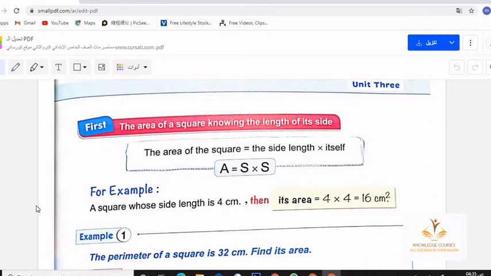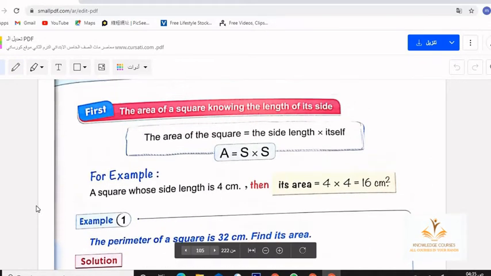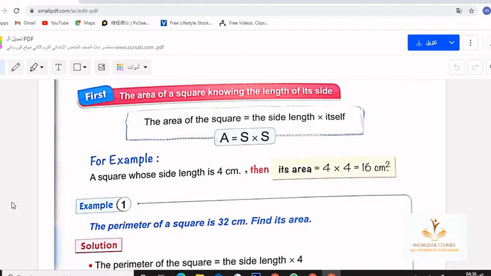Example, the perimeter of a square equal 32. Find its area.